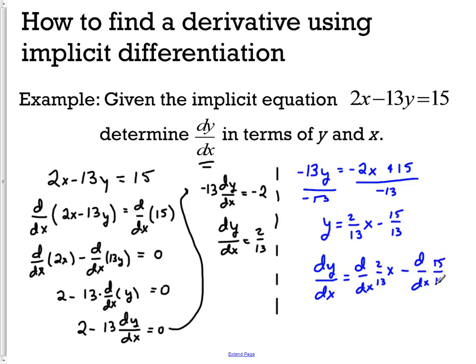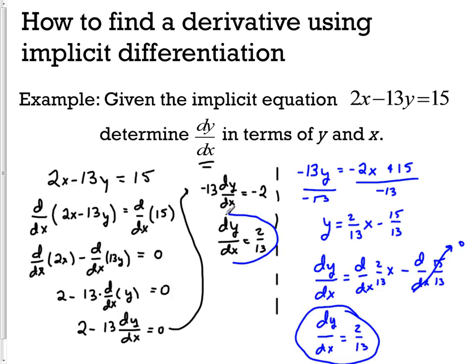Well, 15 over 13 is just a constant, so that's going to go to 0. But when we take the derivative with respect to x of 2/13 times x, as we showed before, we end up with the constant times 1. That is to say, dy dx is equal to 2/13. And now it makes sense because, whoa, that's the slope of this line. And we got the same thing by just taking the derivative of everything exactly where it's at.